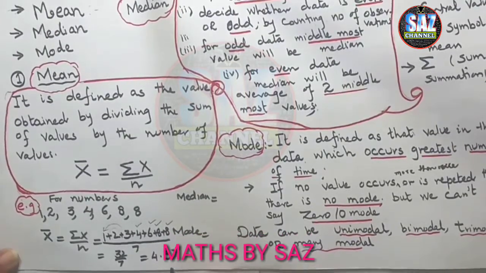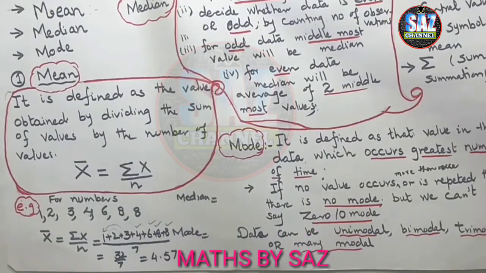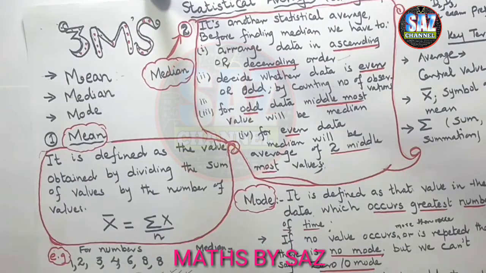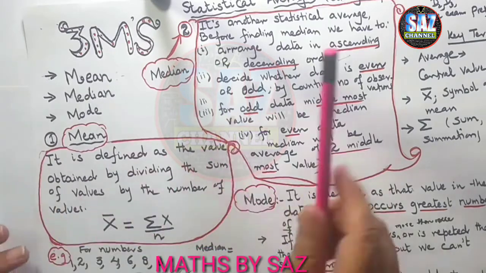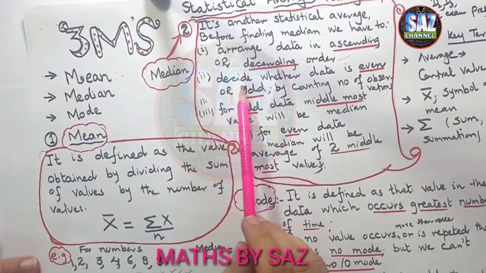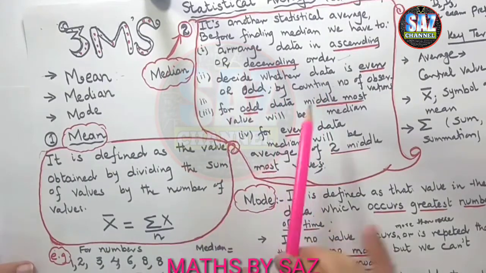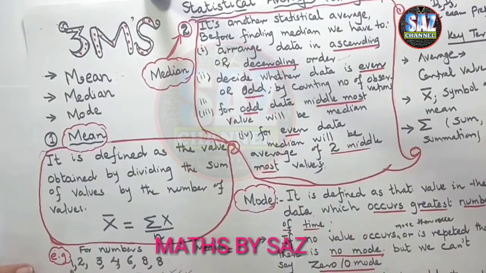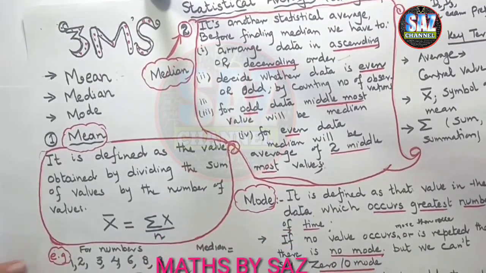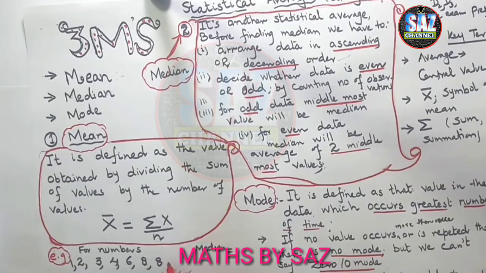Coming to the median, we know that for median, we have to put the data in ascending order. If we look, the data is already in ascending order. The second thing is that we have to decide whether the data is even or odd. If we count the observations, 1, 2, 3, 4, 5, 6, 7, the data is odd.